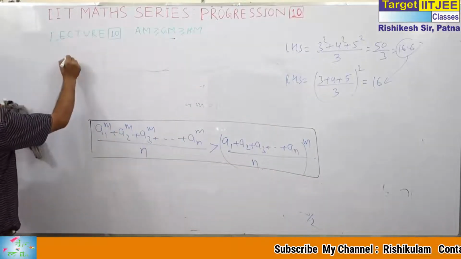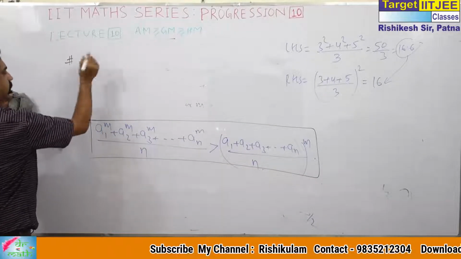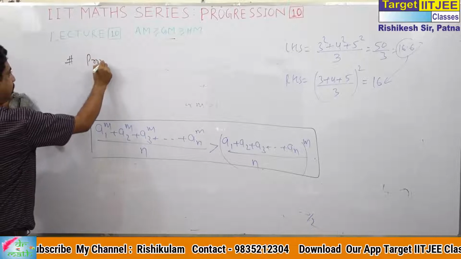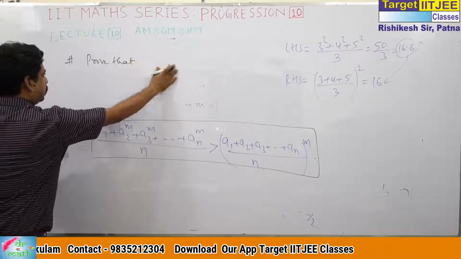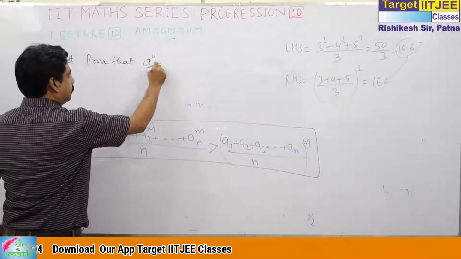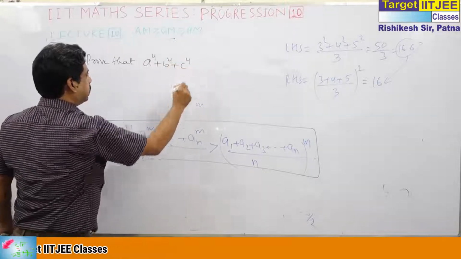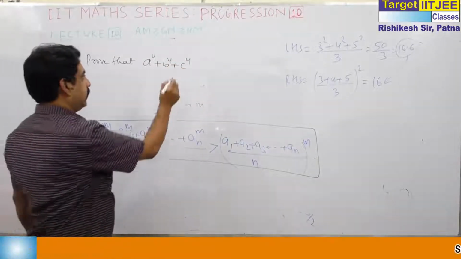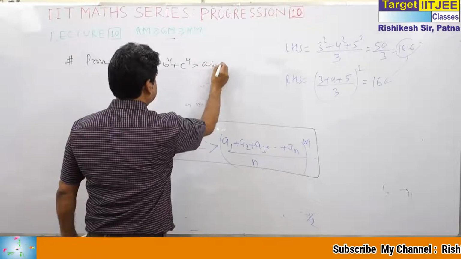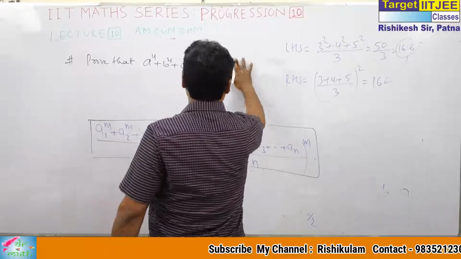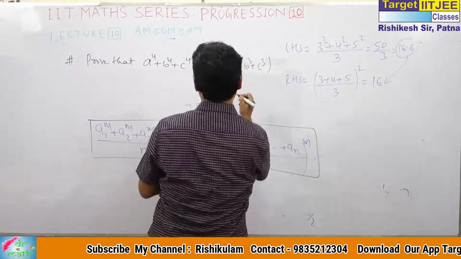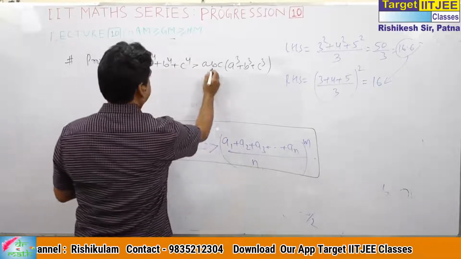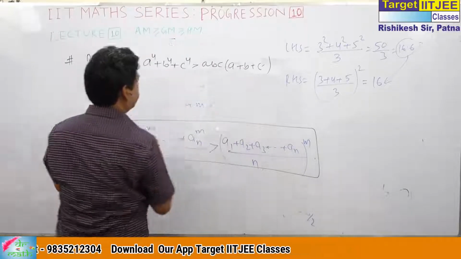Question, for positive quantities: prove that a to the power 4 plus b to the power 4 plus c to the power 4 is greater than or equal to abc times (a plus b plus c).